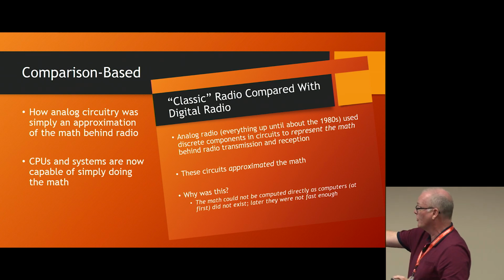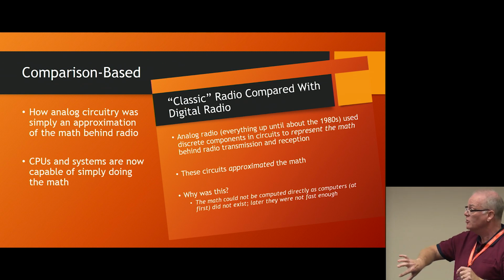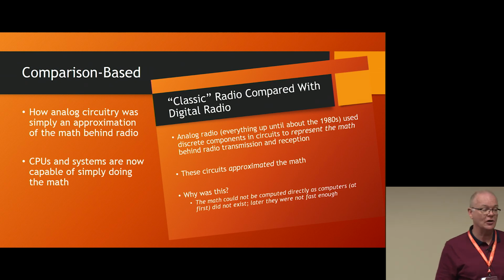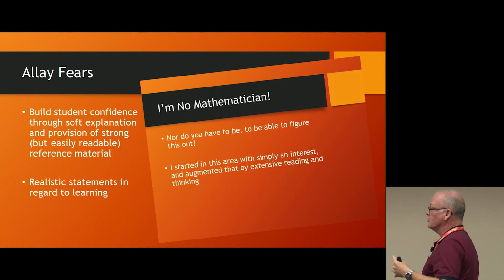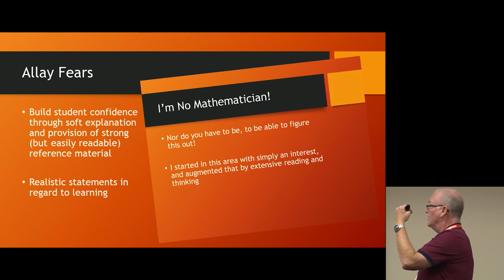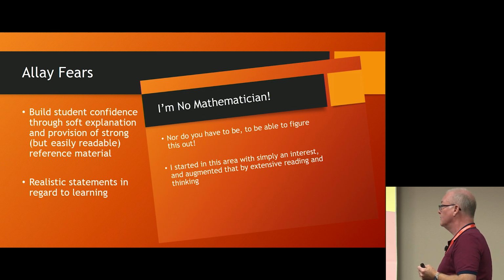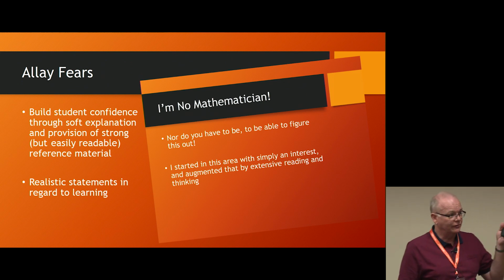However, CPU systems are now capable of simply doing the math. So you can move it all into the digital realm, except for the front end, of course. I want to build their confidence through soft explanation and give them some easily readable but strong reference material. And I'm also realistic with them in terms of learning.